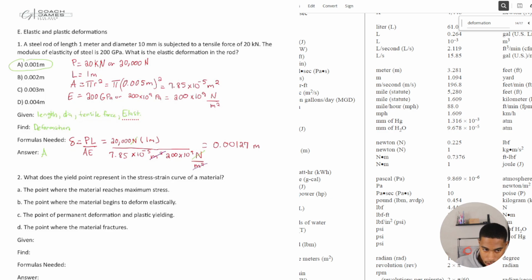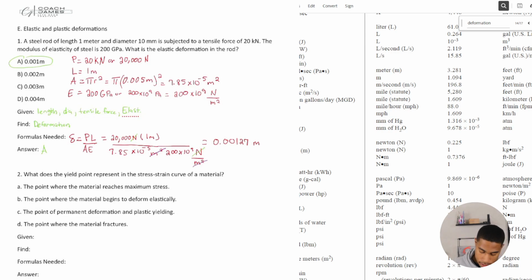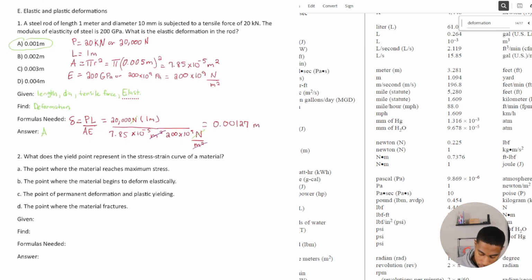Alrighty. Let's look at number 2. What does the yield point represent in the stress strain curve of a material? Okay, so we're given a stress strain curve.